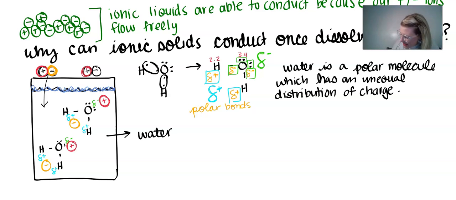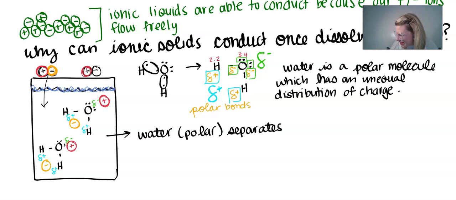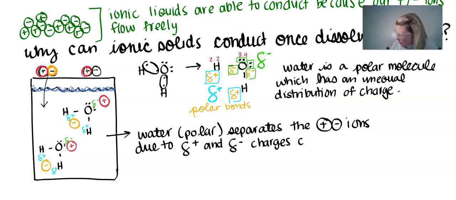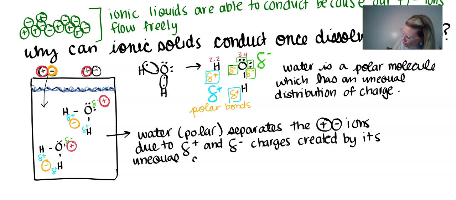So water, which is polar, separates the positive and negative ions due to the partial positive and partial negative charges created by its unequal distribution of charge.